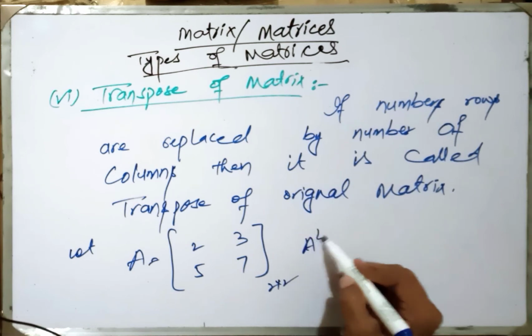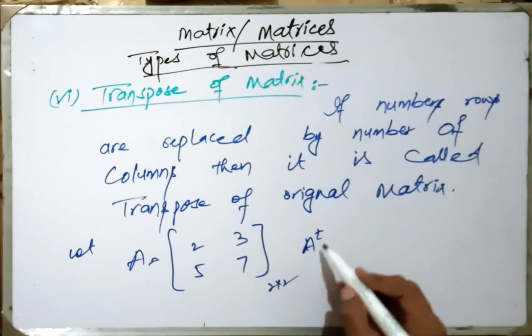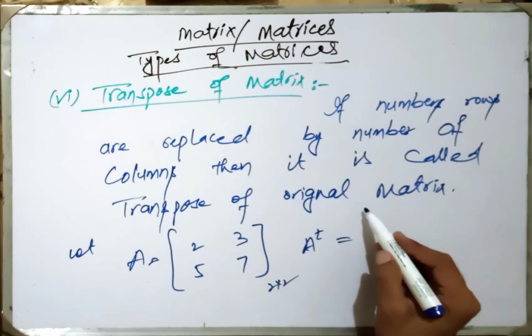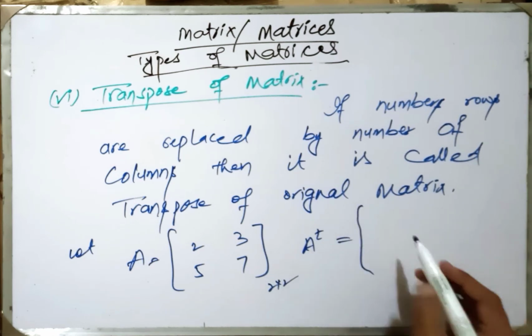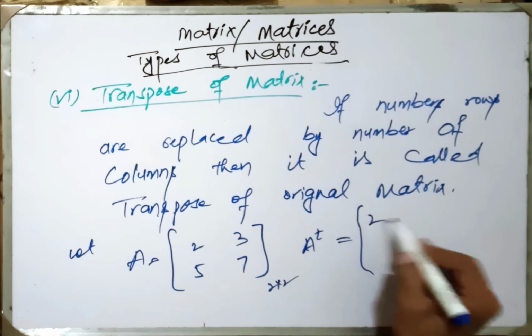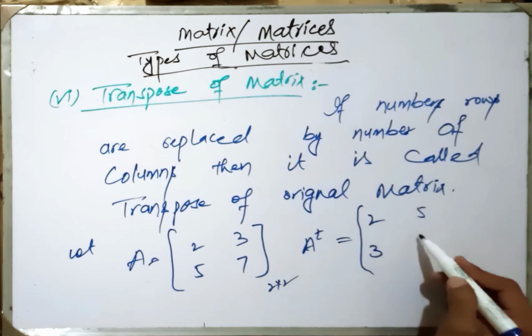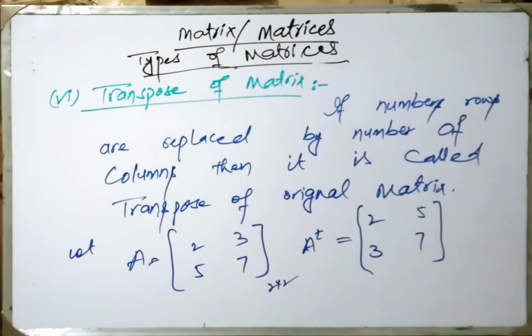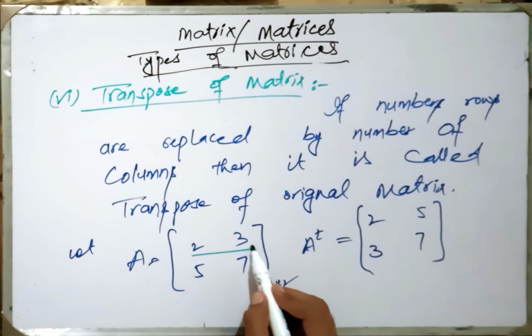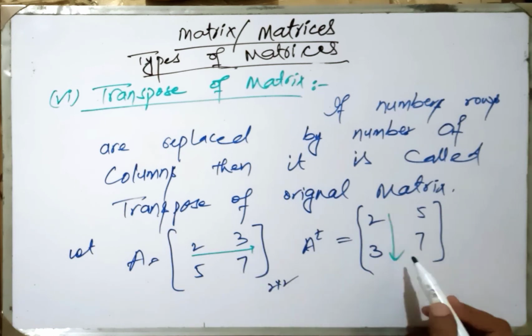The transpose of A, which is denoted by A^t, small t in the power of A, is written as 2, 3, 5, 7. In transpose, this row has been interchanged with the column.